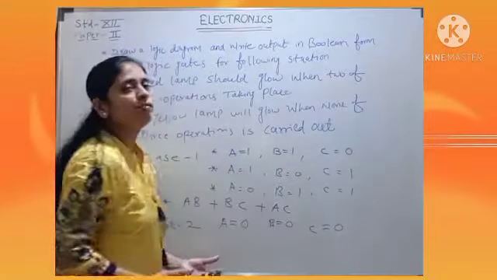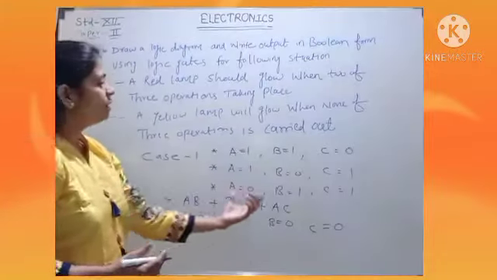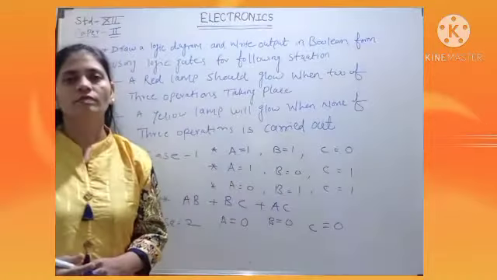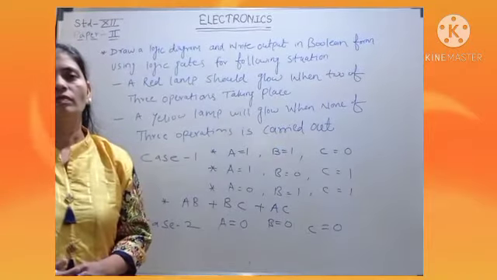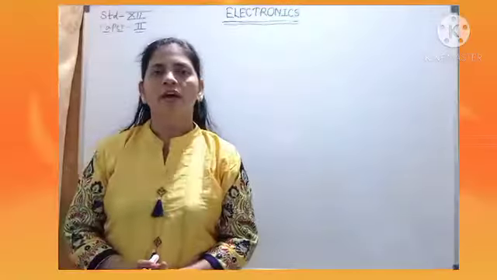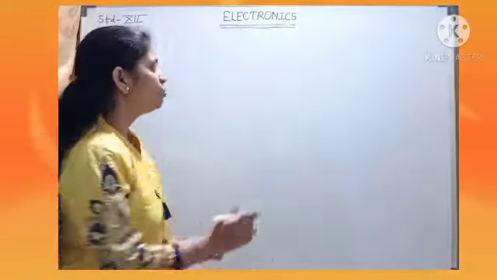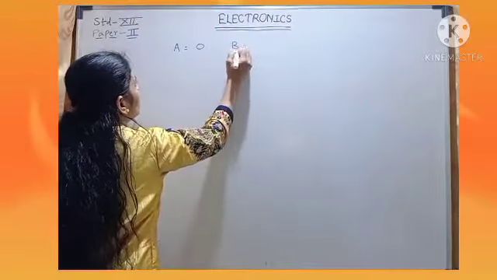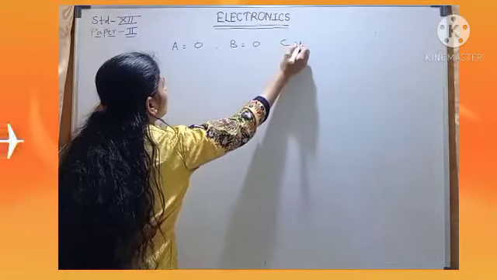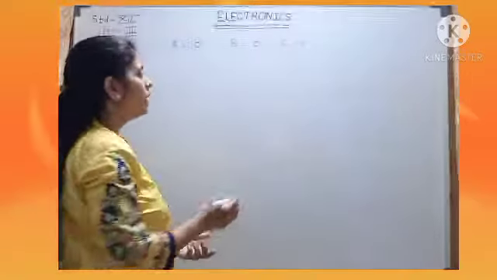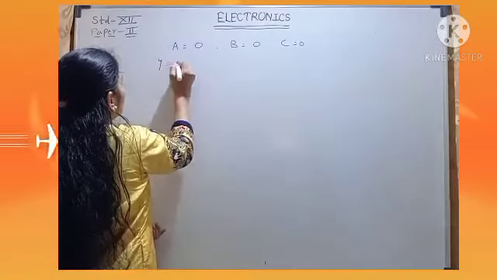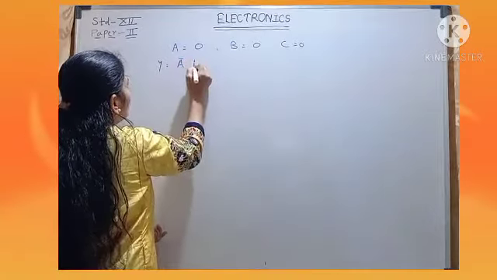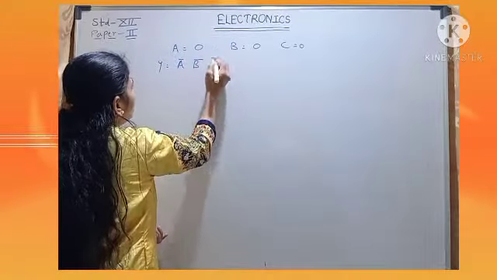The condition for the yellow light is that all inputs are low. So A is 0, B is 0 and C is 0. For this we got the equation Y equals A bar dot B bar dot C bar.